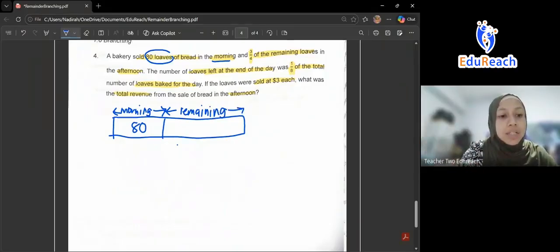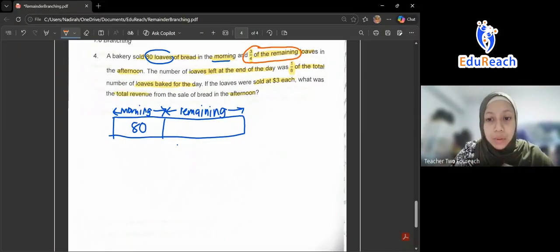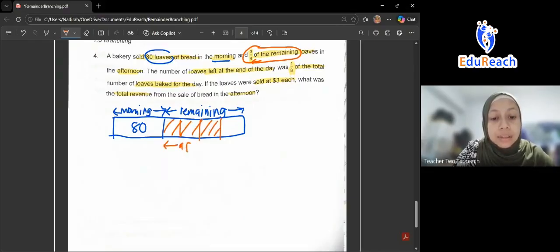And they mentioned that the remaining loaves, the fraction is 3/4 of the remaining loaves. Meaning my remaining I can cut into 4 because my denominator is 4. And out of this 4, I shade 3. 3 out of 4 is sold in the afternoon.